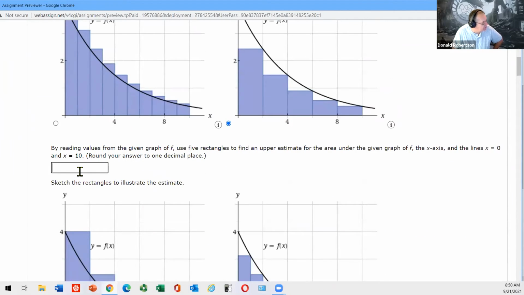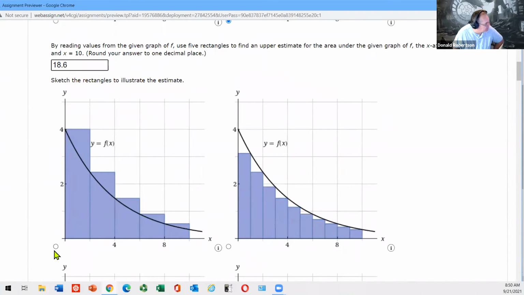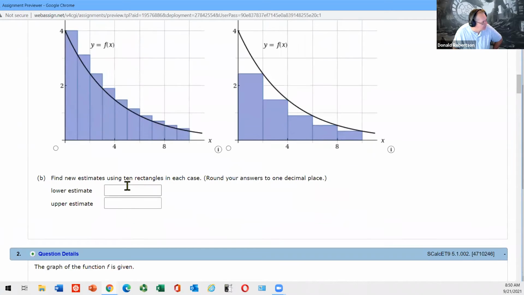And then you do it again going the other way. And the other way, I believe, was 18.6. And if you do a left 5, I believe that's the picture. And then lower estimate, well, you just repeat yourself, 11.4. Upper estimate was 18.6.